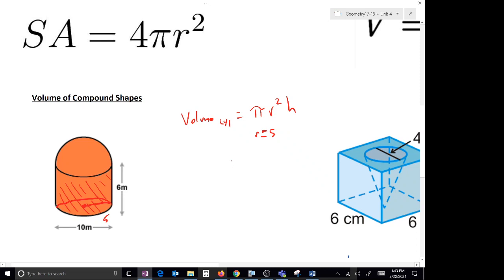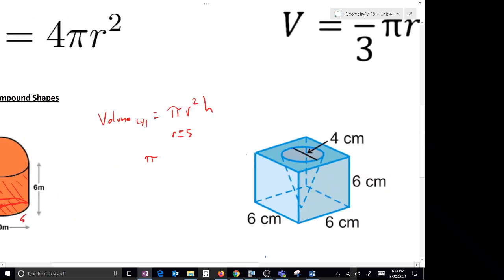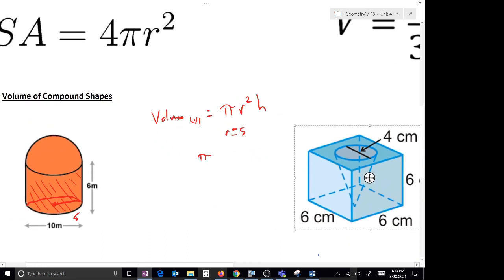So we'll plug that in, pi times 5 squared. Our height is 6. So 5 squared is 25 times 6 will give me 150 pi.